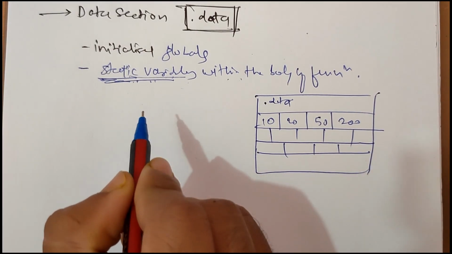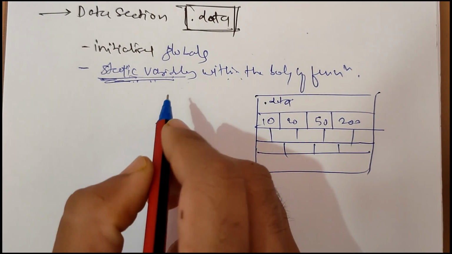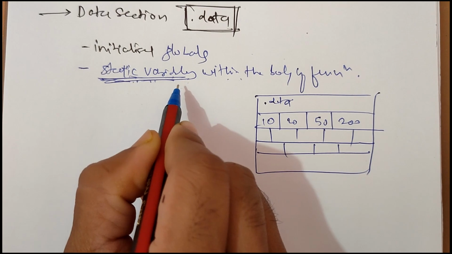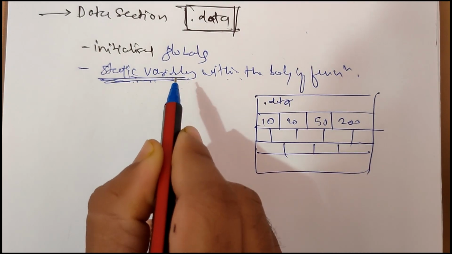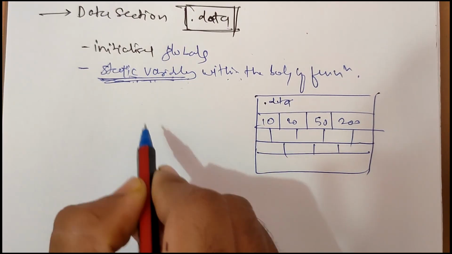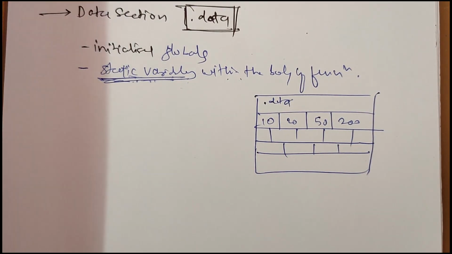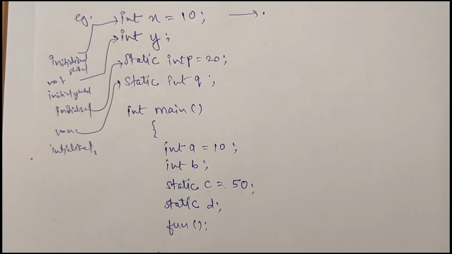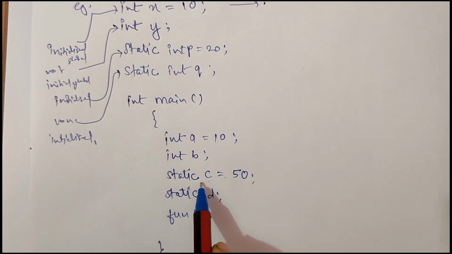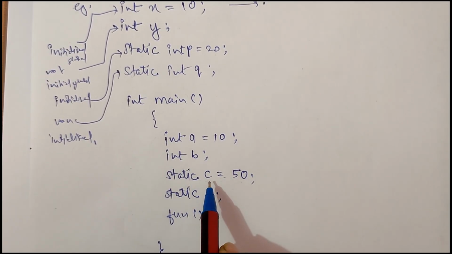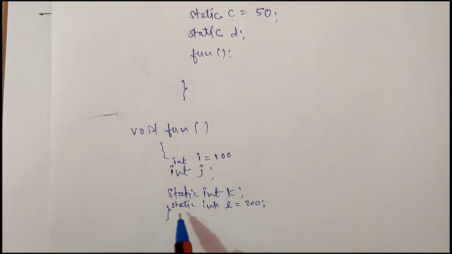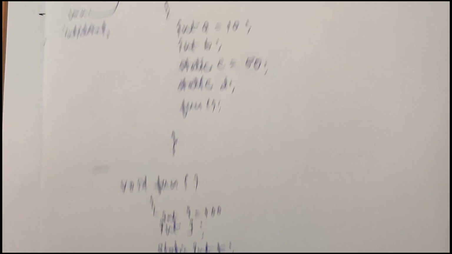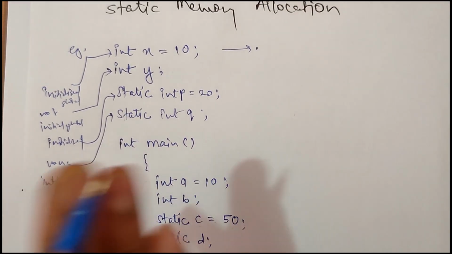This terminology will help you understand this clearly without any confusion. Here we have a static local variable; think of it as a global variable but only accessible within that function. Here also I have one static variable. Now you understand.